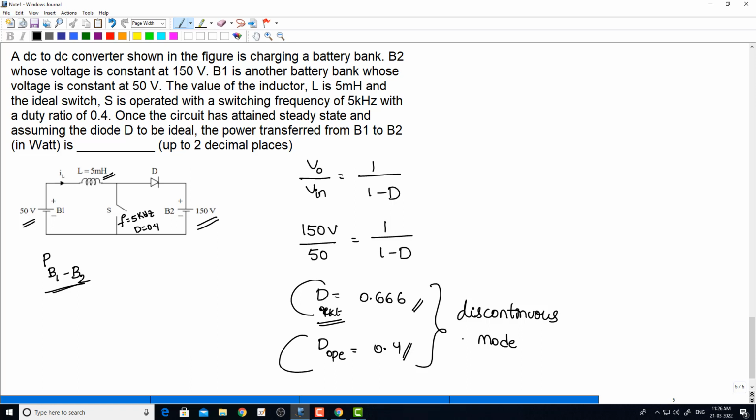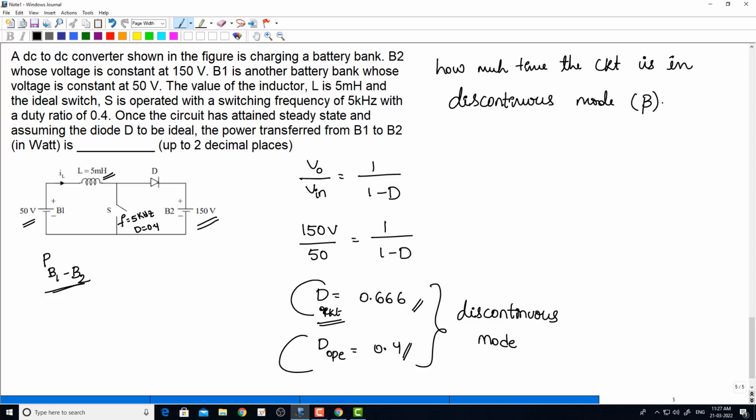So, what we need to find out is how much time the circuit is in discontinuous mode. That we will denote with beta.